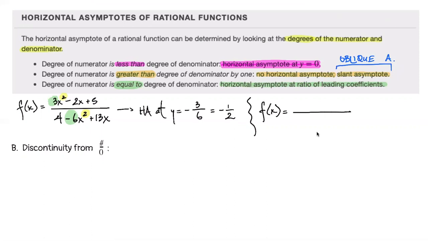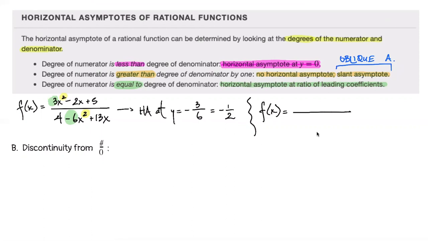All right, how would you like to modify your statement? If we want the pink case, we want the horizontal asymptote to be at y equals 0. Okay, cool. These are both good ways that we could approach it.